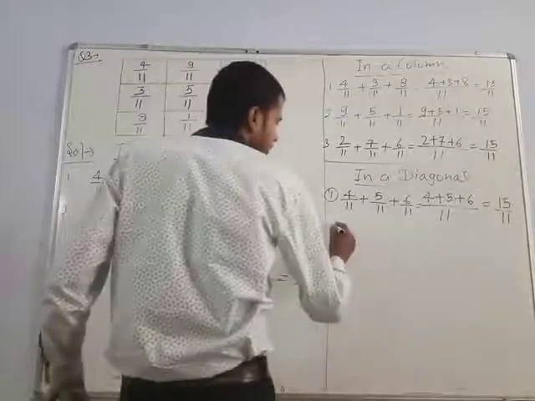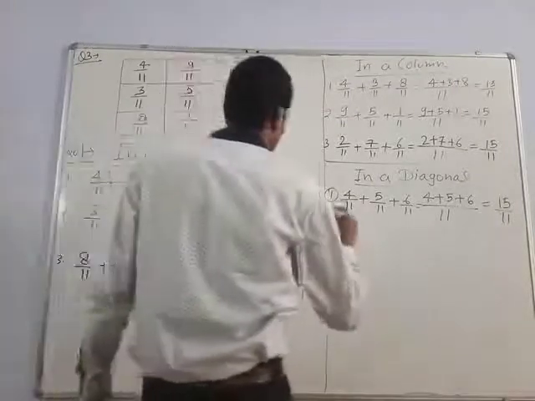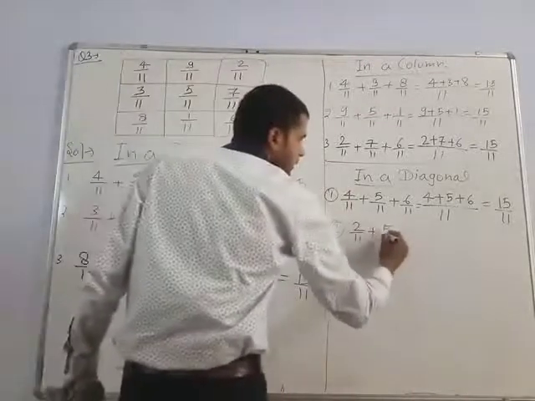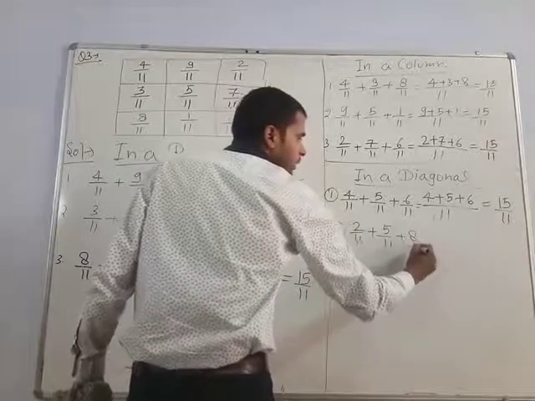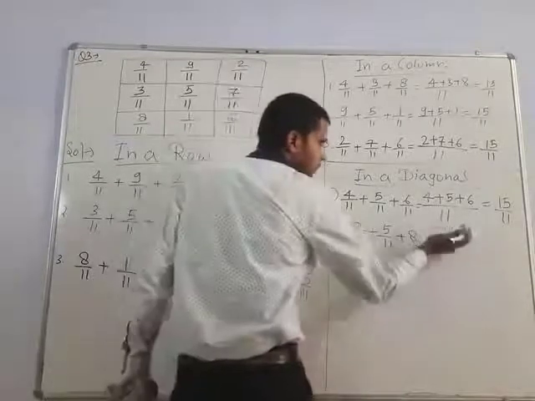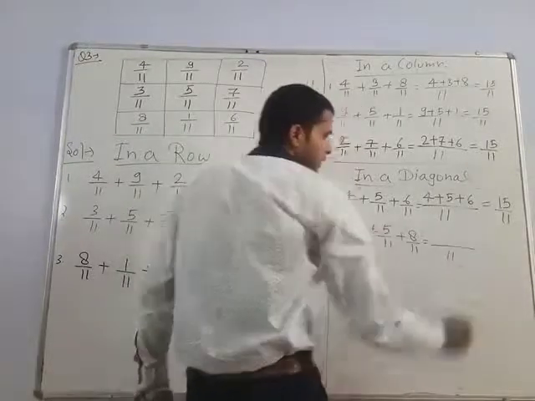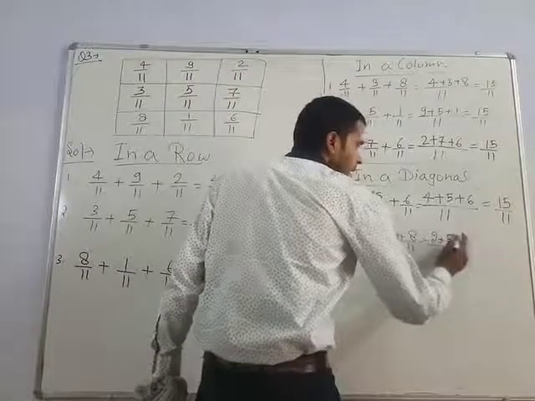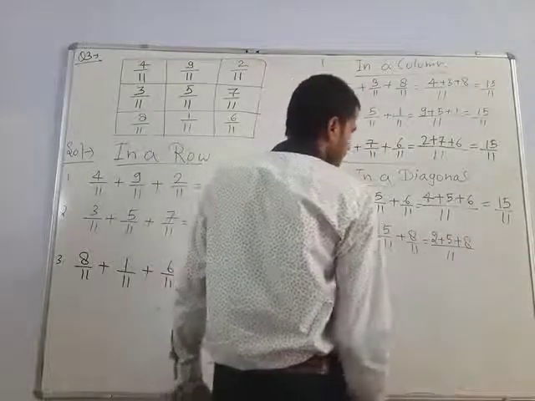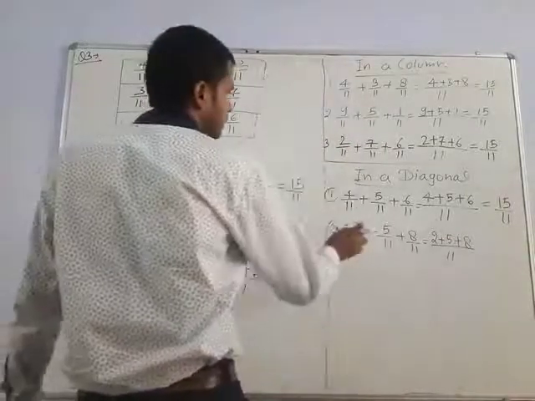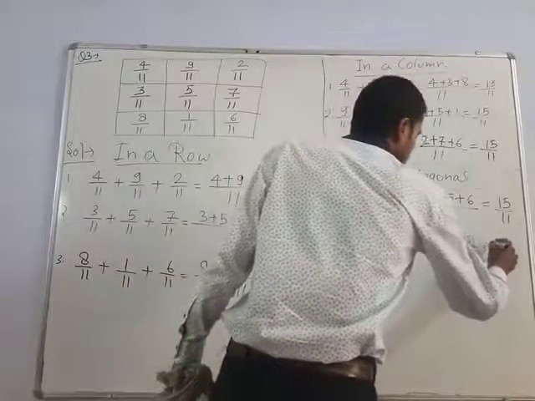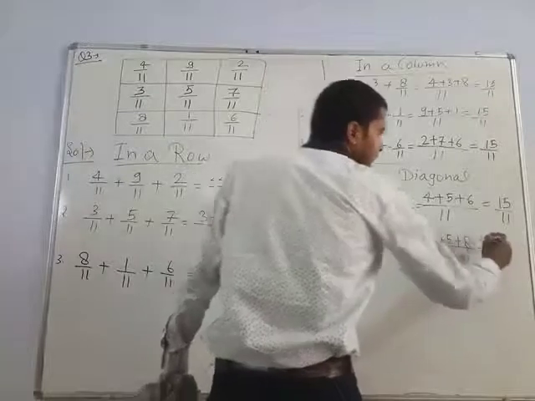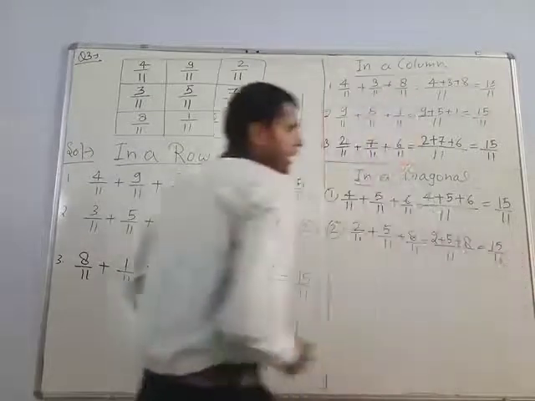Second is 2 upon 11, 5 upon 11 and 8 upon 11. So you take LCM 11 and add all the numerator values, 5 plus 2 is 7, 7 plus 8 is 15 upon 11.